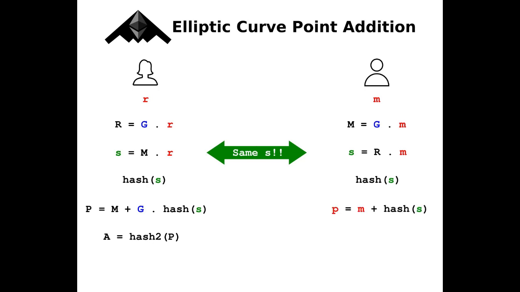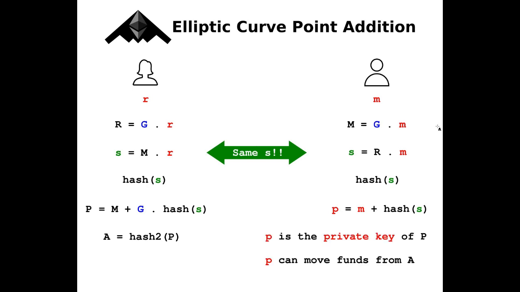Bob computes the same hash of the shared secret, and he considers this the private key and adds it to his own private key, small m. The result of that is another scalar, a 256-bit private key that we label as small p.